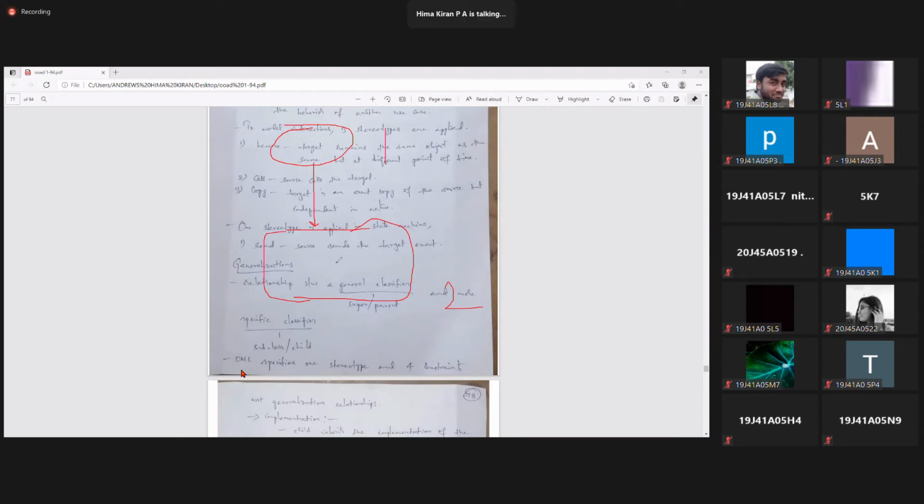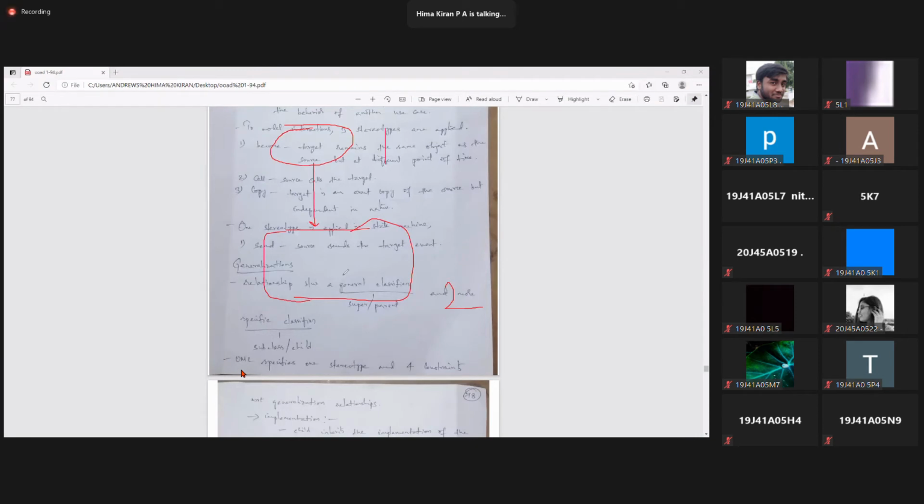Like Newton's third law, for each and every action there is an equal and opposite reaction, not Newton's third law exactly. That means if we apply some action to the first event, then because of the action which I have applied to the first one, I got the second one.